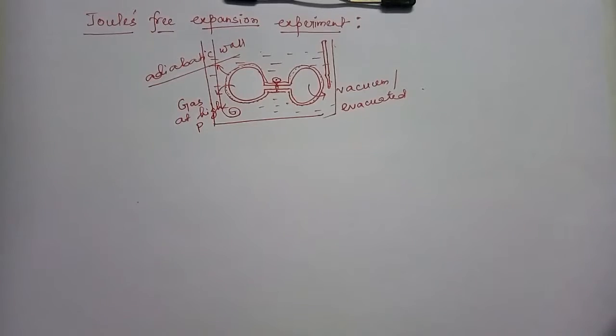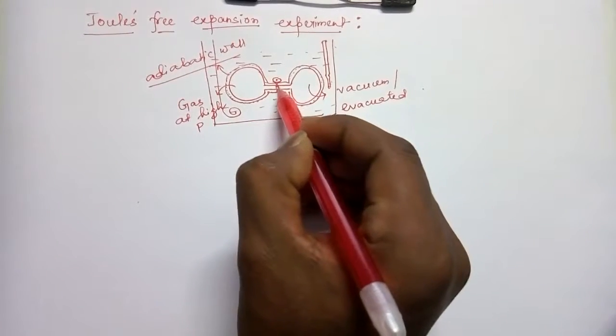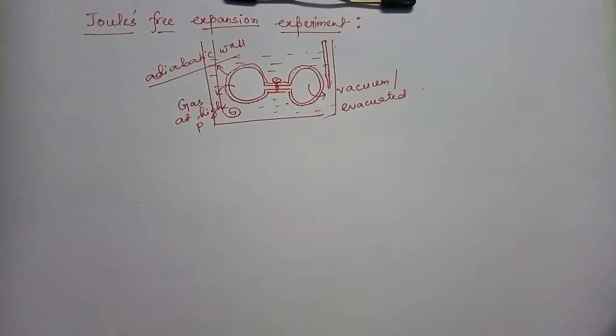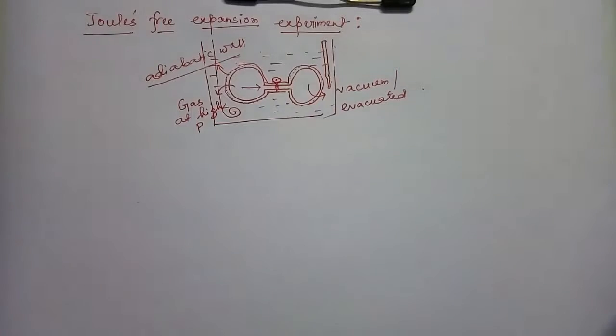Now what happened? The stopcock is opened, then the gas expands through the connecting tube until both the bulbs are uniformly occupied.